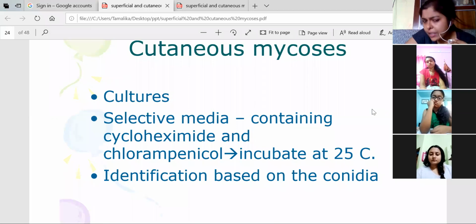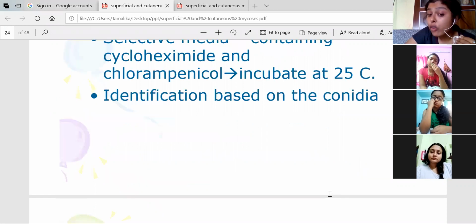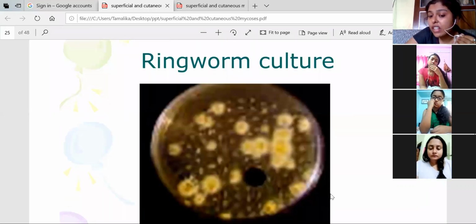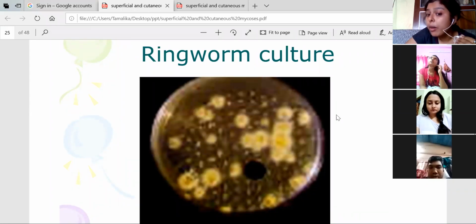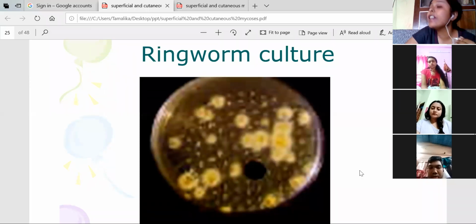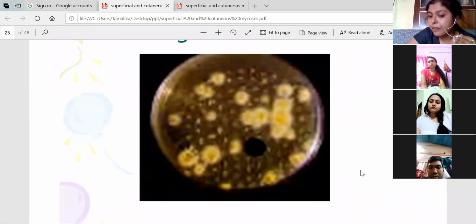Now, this cutaneous mycosis can be grown in culture, in selective media containing cycloheximide or chloramphenicol. Identification is based on conidia. So if conidia are present, then the identification is done. This is a culture of the ringworm. You get to see the plate and these yellow colored colonies, which are the colonies of the ringworm.